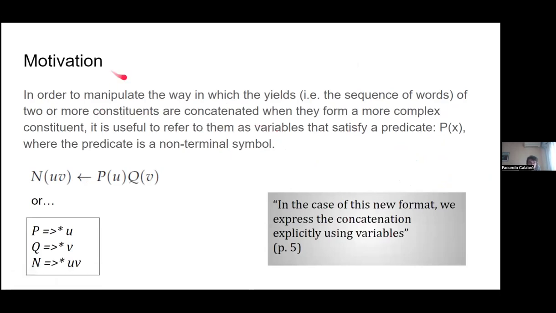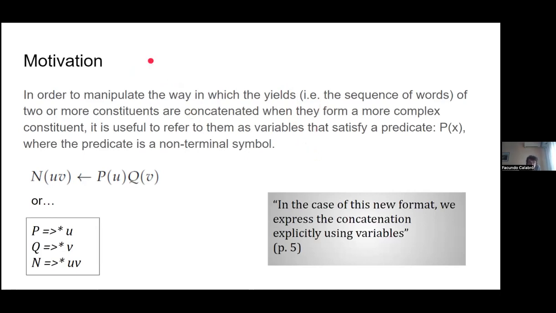So why do we change the notation? What's the point of it? First of all, this change is more compatible with the minimalist theory in that the derivation is assumed to be generated bottom up by applications of merge, as we know.